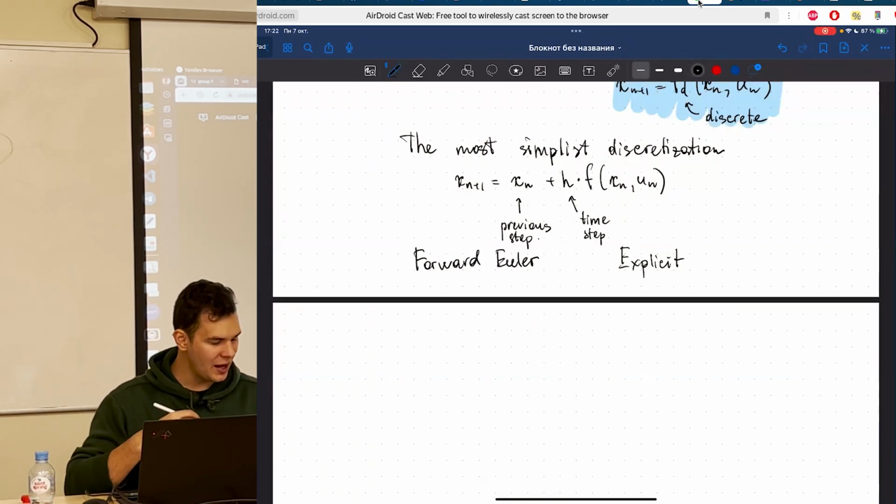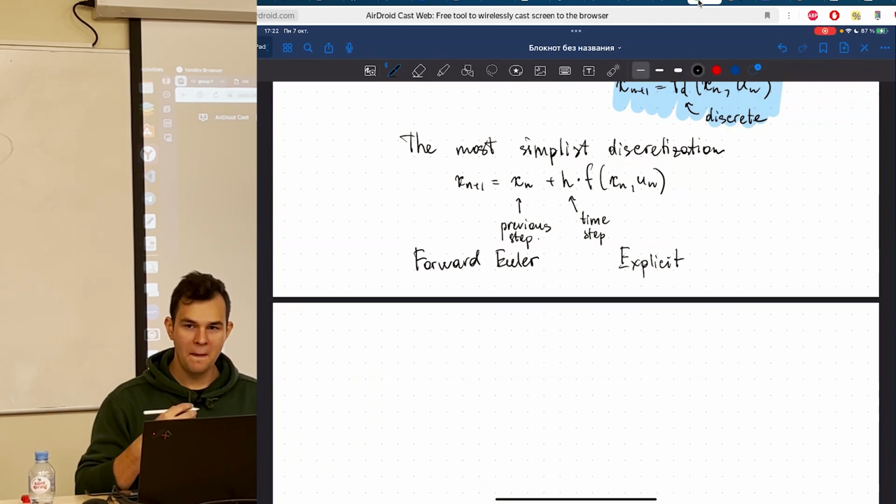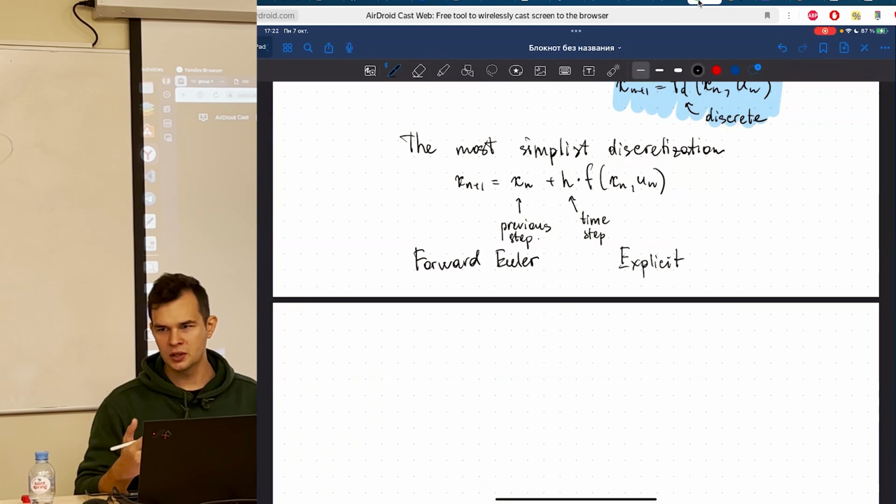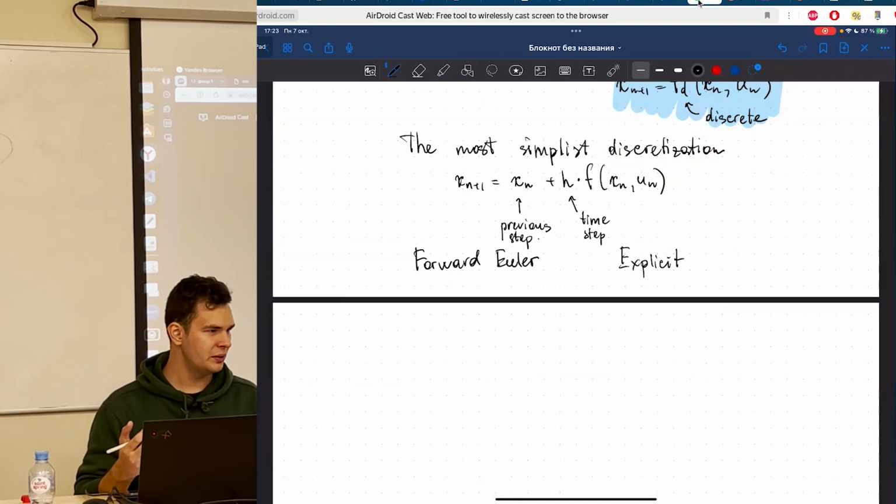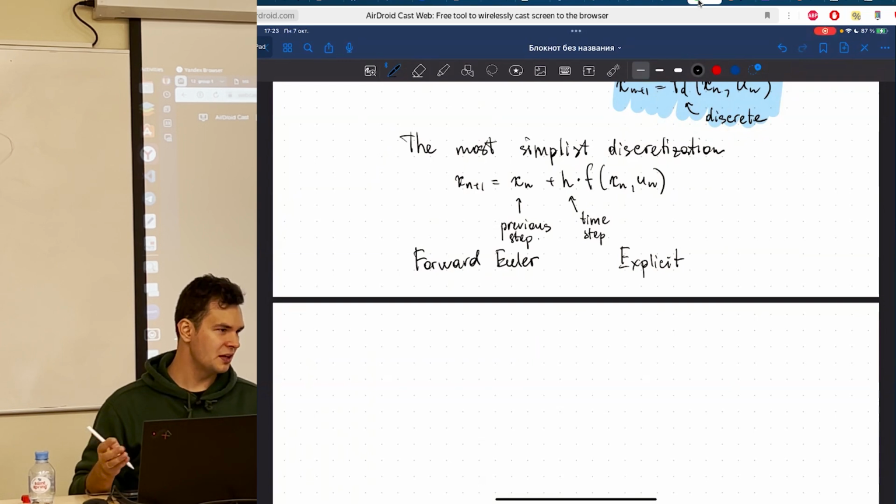There is also another explicit method, which is called Runge-Kutta. Have you heard about it? Runge-Kutta is industry level. It's very precise, but it's also not cost efficient.